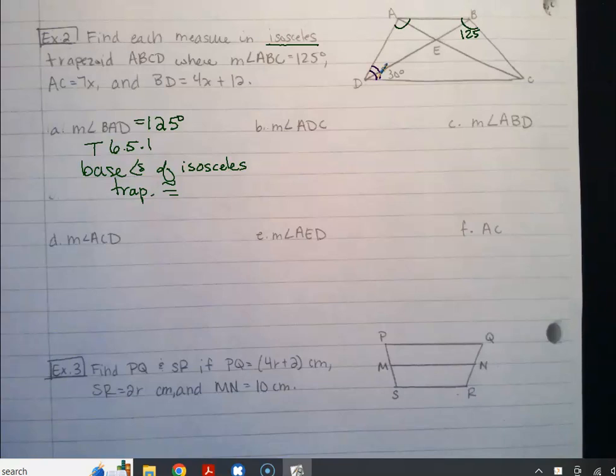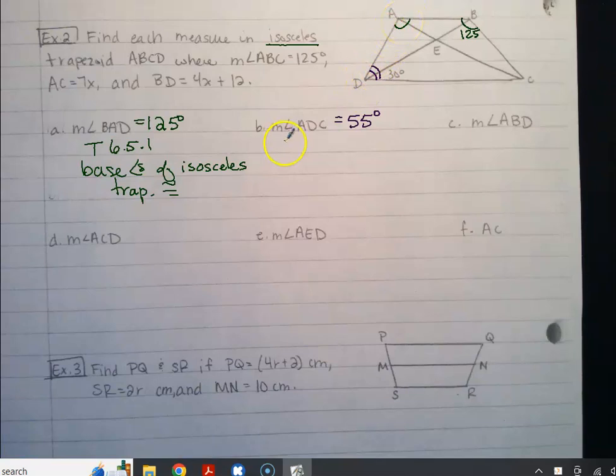There you go. So he said it equals 55 degrees because what do we know about angle BAD and angle ADC? They're consecutive interior angles, because they share a leg.